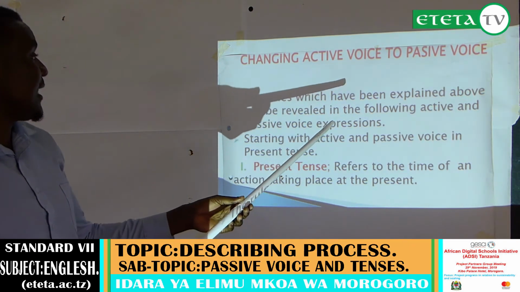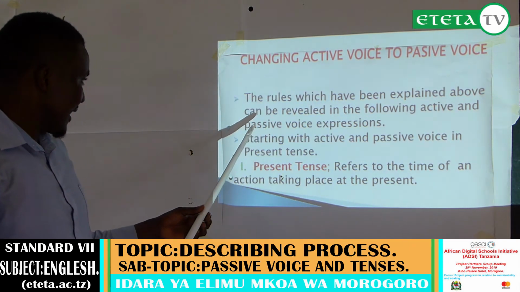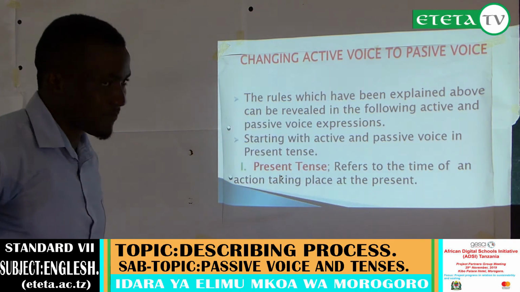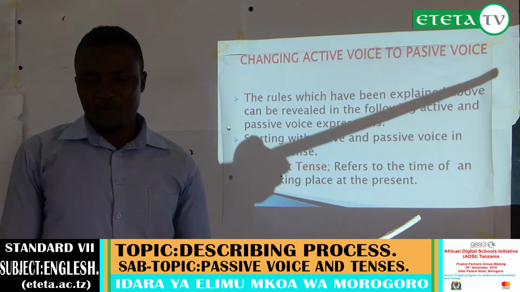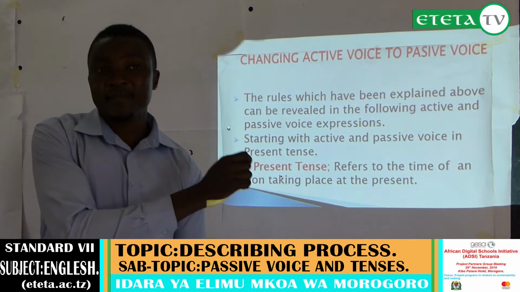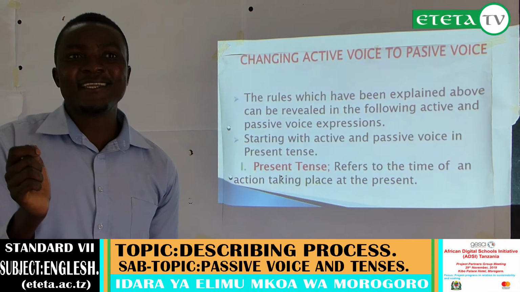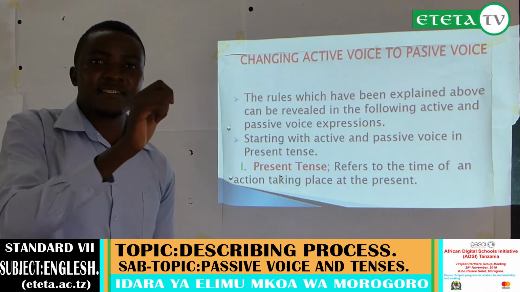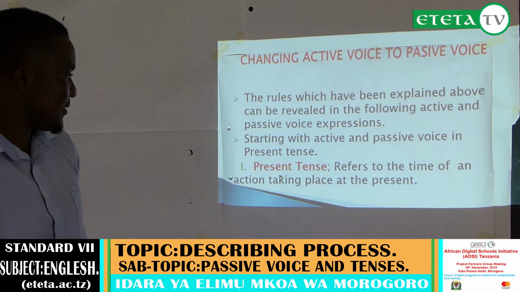Then the rules which have been explained above can be revealed in the following active and passive voice expressions. Now, let us see the application of the rules we have already explained when changing active voice to passive voice sentences.